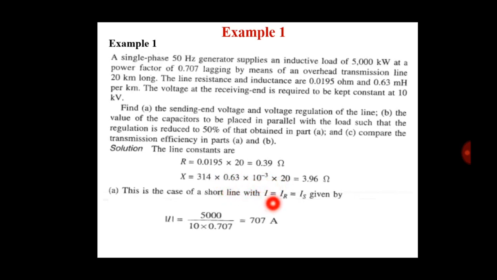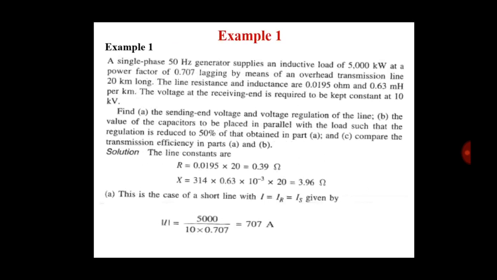So here I is equal to IR and IS. Both the sending end current and receiving end current are the same. So I is equal to kilowatt divided by V into cos phi. Now I is equal to P divided by V into cos phi.